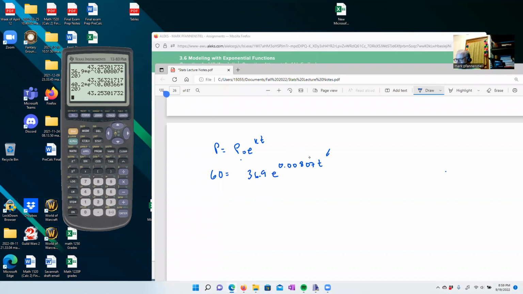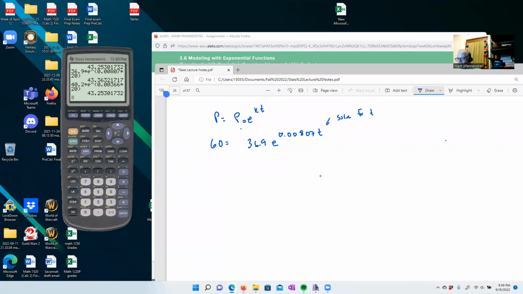So what we're going to do is we have to solve for t. So we're going to divide both sides by 36.9. So we have 60 over 36.9 is equal to e to the 0.00807t. We're trying to solve for t.